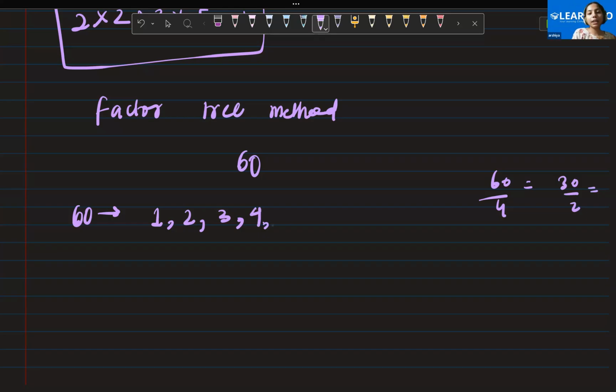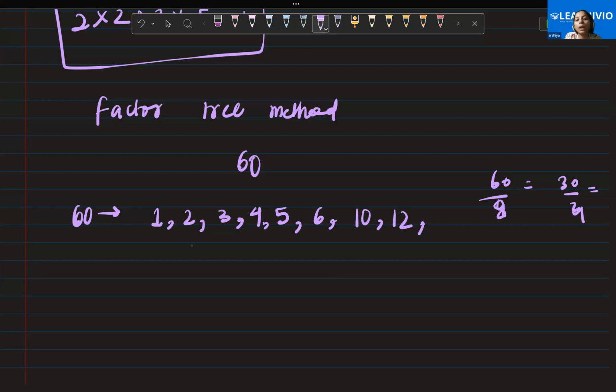Now, what else? 5 is also a factor. 6 is also a factor. 7 is not a factor. 8, is 8 a factor? 60 divided by 8 will get me 30 by 4. No, 8 is not a factor. Okay. 9 is also not a factor. 10 is a factor. 12 is also a factor. 12 fives are 60. And we don't need this many factors. Till here, it's fine because we only need one pair. So, no need to find all the factors.